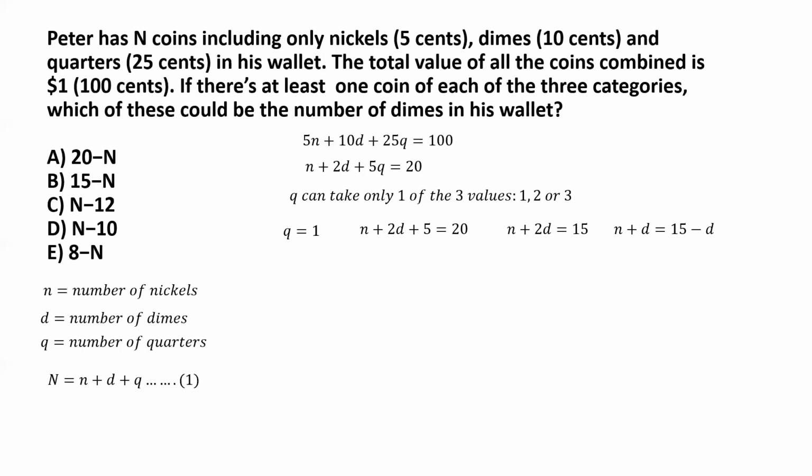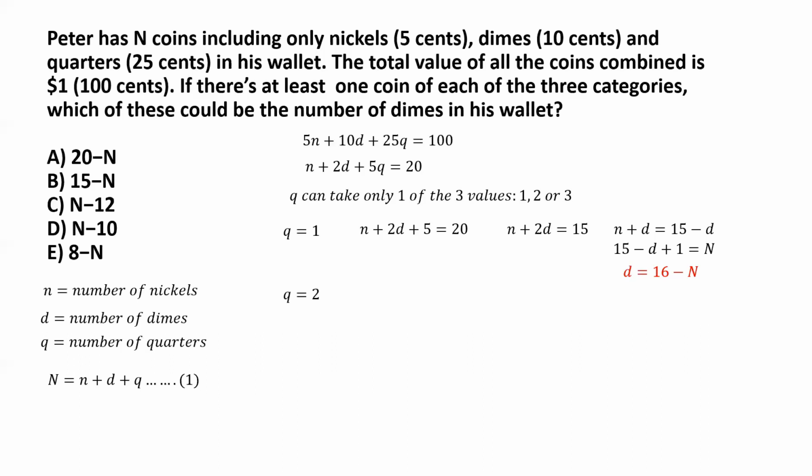Now, if we substitute this value of n plus d equal to 15 minus d in equation 1, with q, the number of quarters, as 1, we end up with 15 minus d plus 1 is equal to capital N. And from this, it's simple to solve for d in terms of capital N, which comes down to d being equal to 16 minus capital N. So that's one possible value of d.